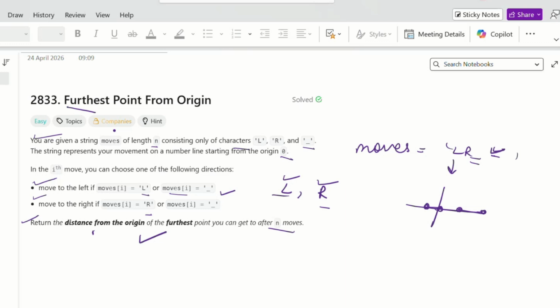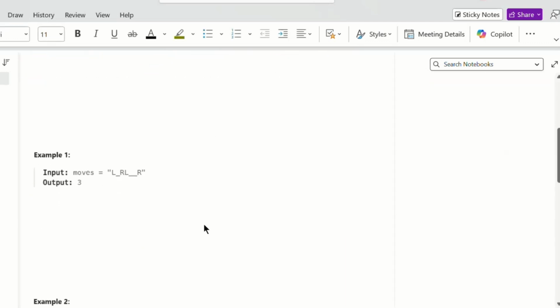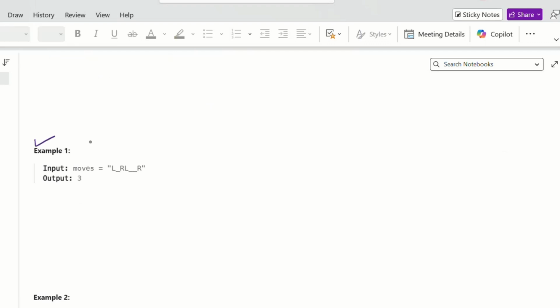So how can we find it? First we'll try this example. In this example, the moves given are L, dash, R, L, dash, dash and R. So we are starting from 0. L means we move to the left. Then for dash, suppose we are moving to the left.